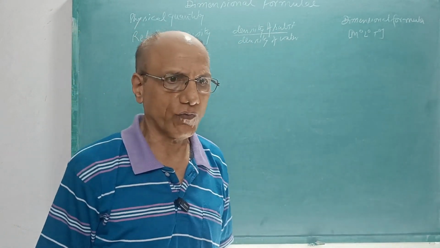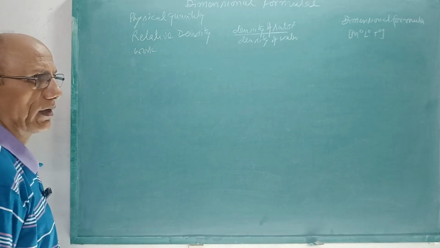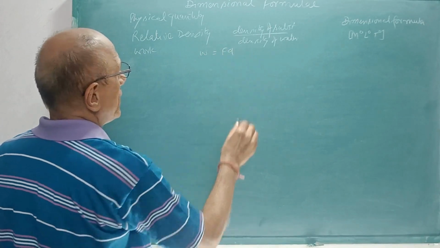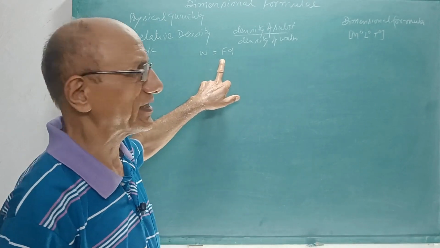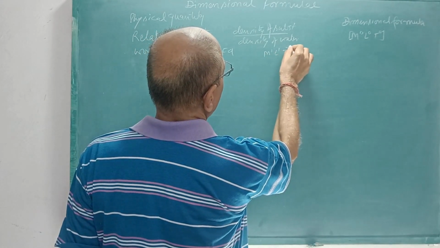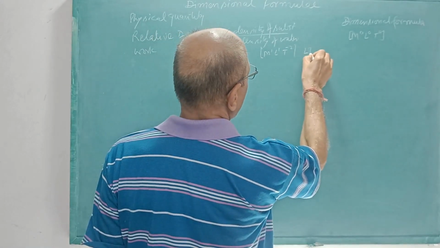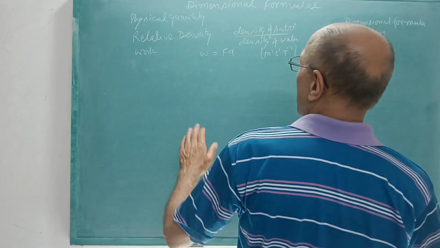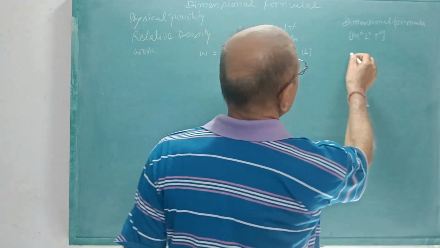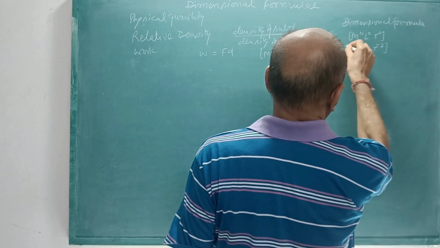Now we can go for work. So work done is F into D. That means the dimensions of force, M1 L1 T minus 2, into distance, that is L. So the dimension formula for work done is M1 L2 T minus 2.